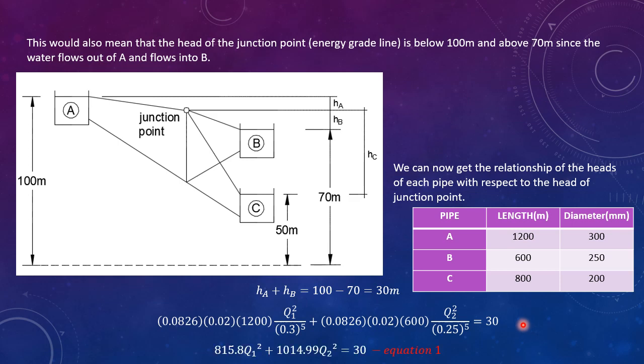Simplifying, we have 815.8 Q1 squared plus 1014.99 Q2 squared is equal to 30. This is our equation 1.